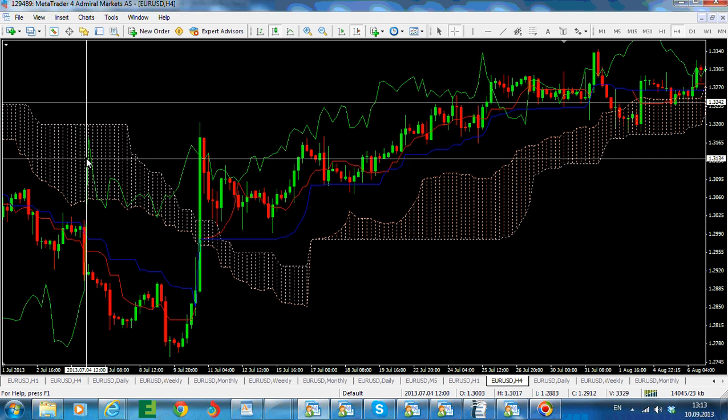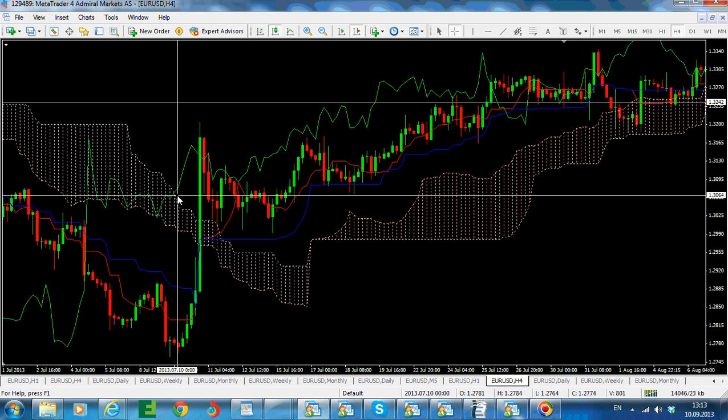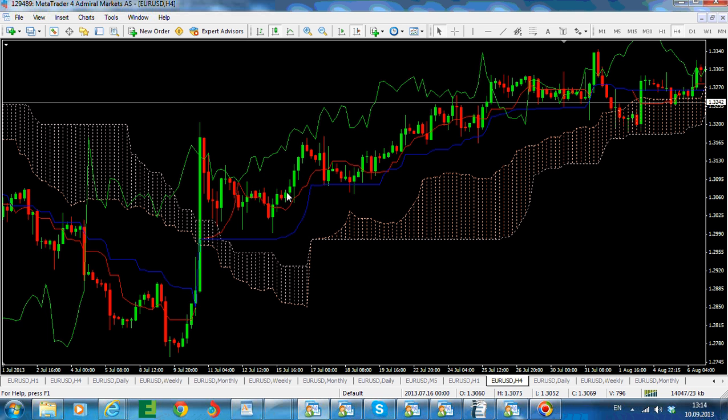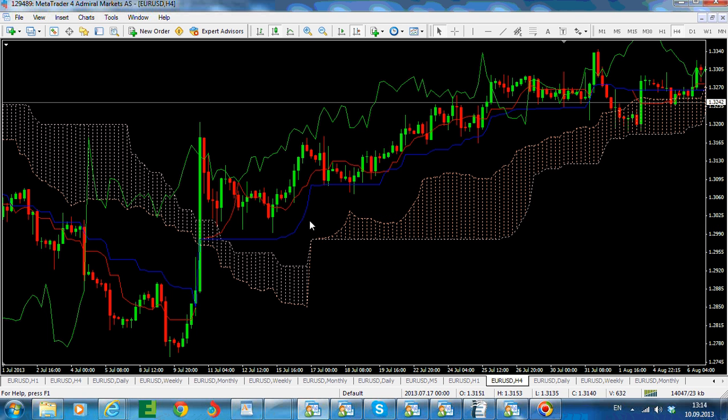So this is above the candles, but we should wait until Chikou is above the cloud, and this is 26 periods projected here. It is not a bullish cycle because the cloud below this candle is still red. So the bullish cycle begins when the cloud turns green, and this is our bullish cycle that begins here.